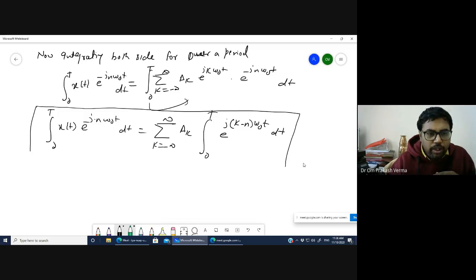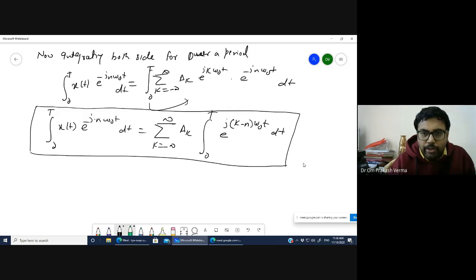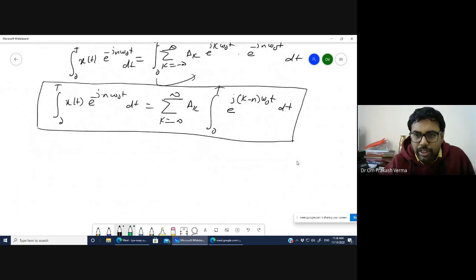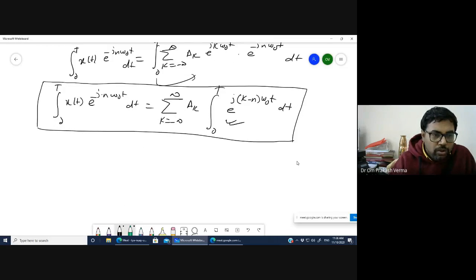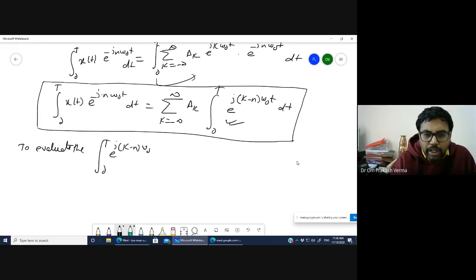Now we are going to solve this equation. Our target is to solve this equation first. So I'm going to solve this integral, to evaluate the integral from 0 to T of e^(j(k-n) omega_0 t) dt.